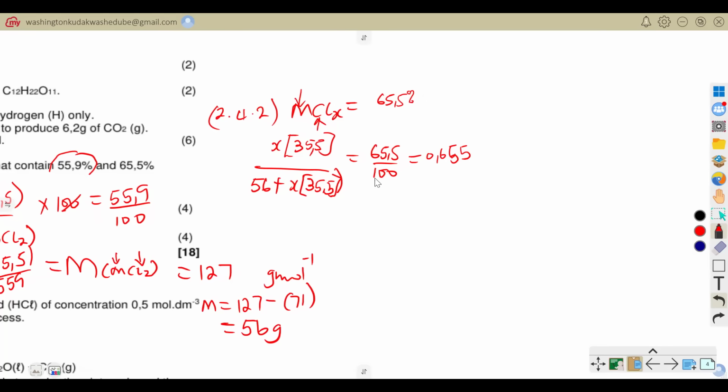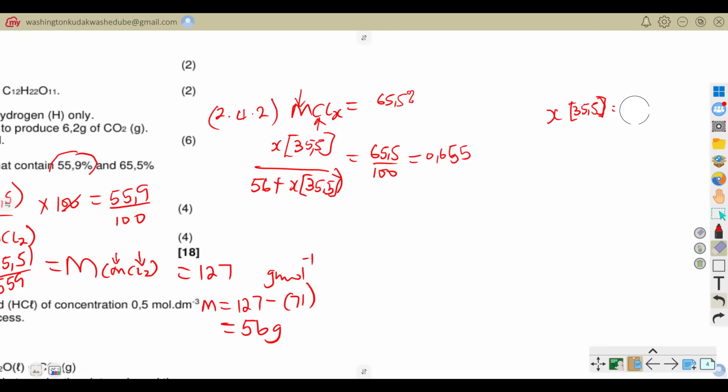So if I take this one this side, it will be x times 35.5 being equal to 0.655 times all of this.